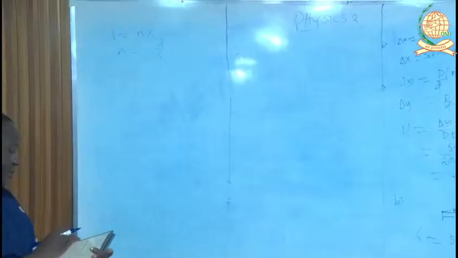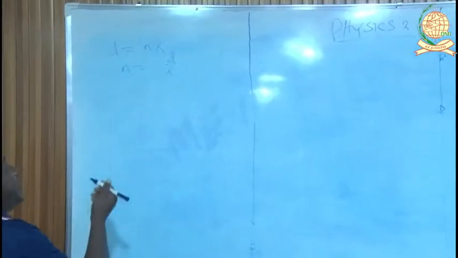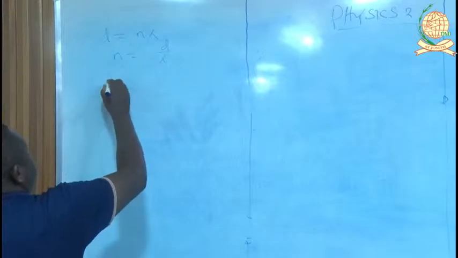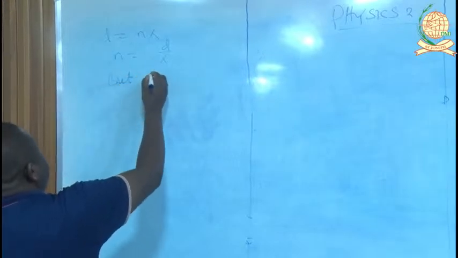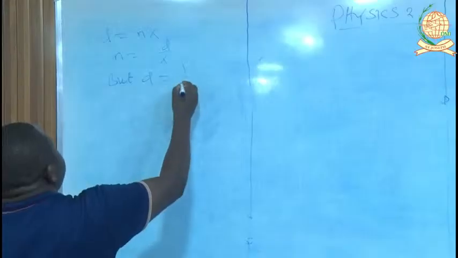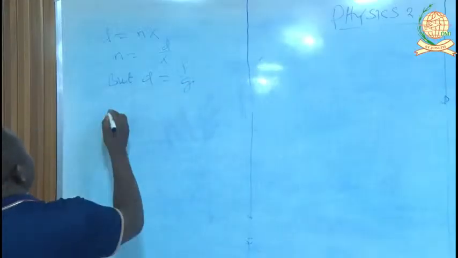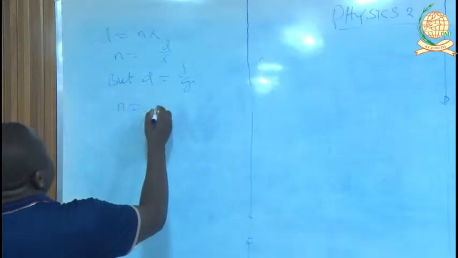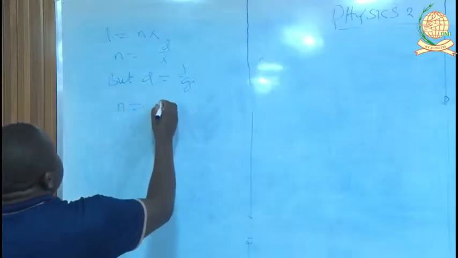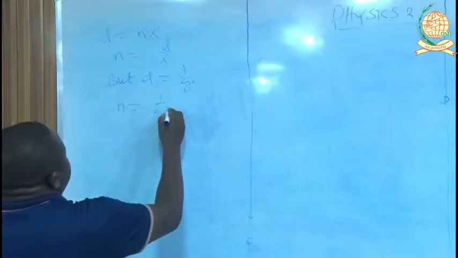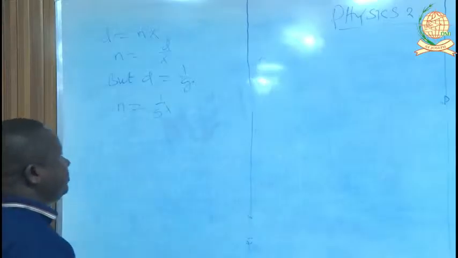We don't have this value of d, but we know how d is related with the grating. d is equal to 1 over the grating. If I substitute, n will be equal to 1 over G times lambda.